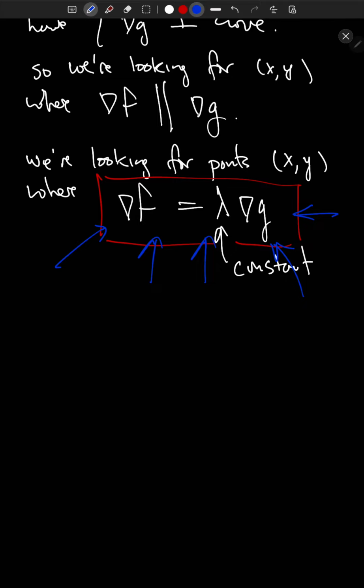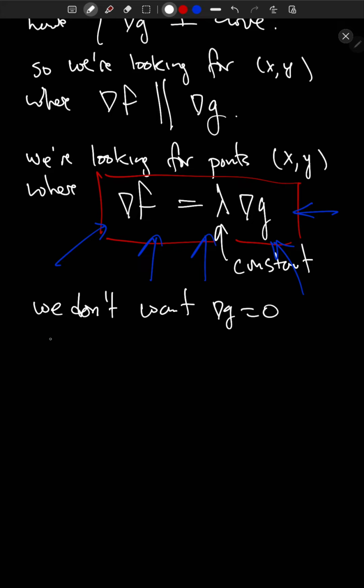Before I actually write down the full technique, I have to make a couple notes here. So the first note: I said before that any g will do, but not literally any g. We don't want gradient g equals 0 for any point on the curve.